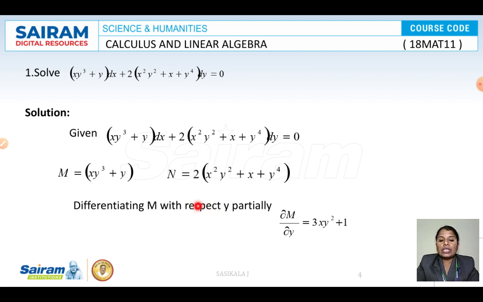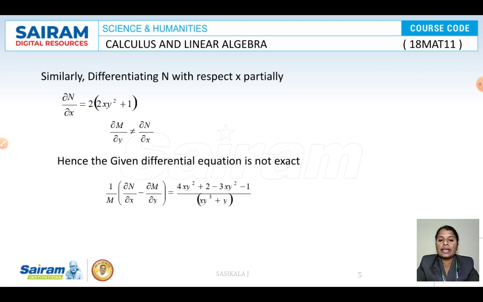Now differentiate M with respect to y and N with respect to x, that means we need to find ∂M/∂y and ∂N/∂x. When you differentiate M with respect to y, it will be 3xy squared plus 1, right? And then for N with respect to x, it will be 4xy squared plus 1 you will get.